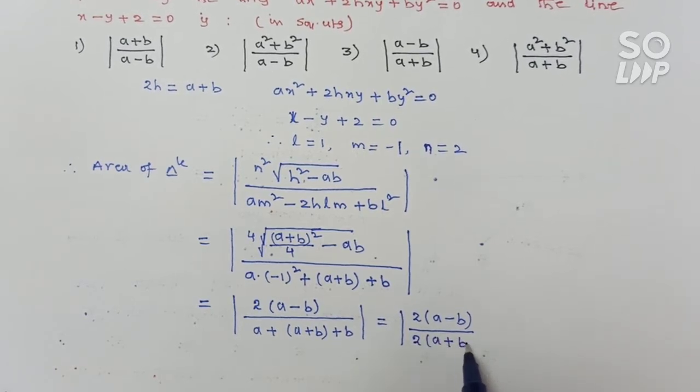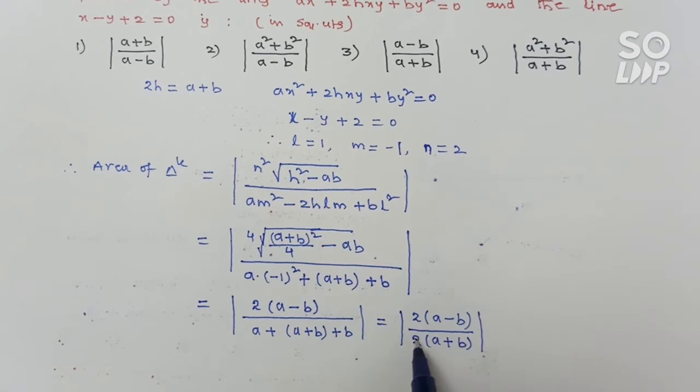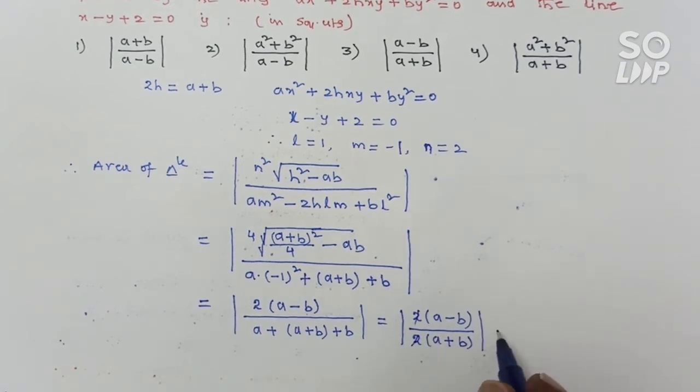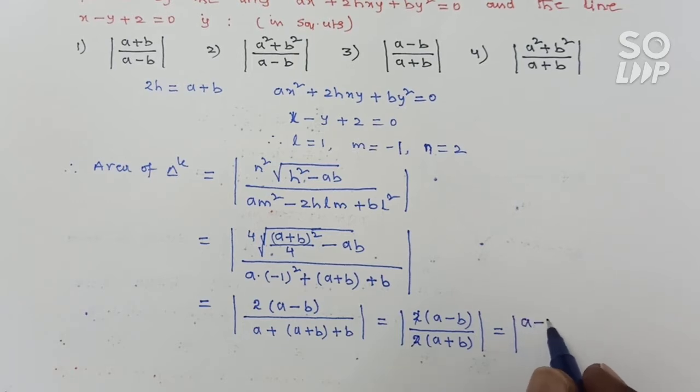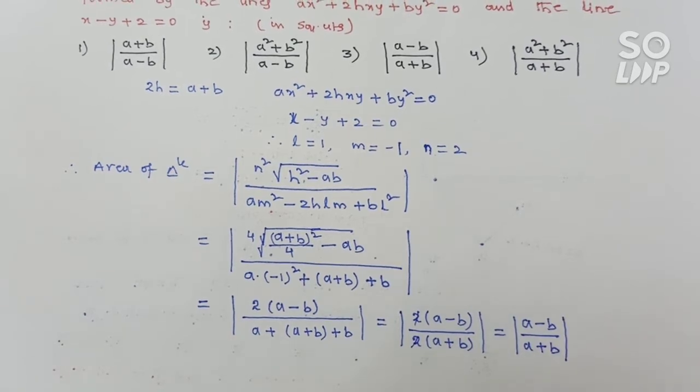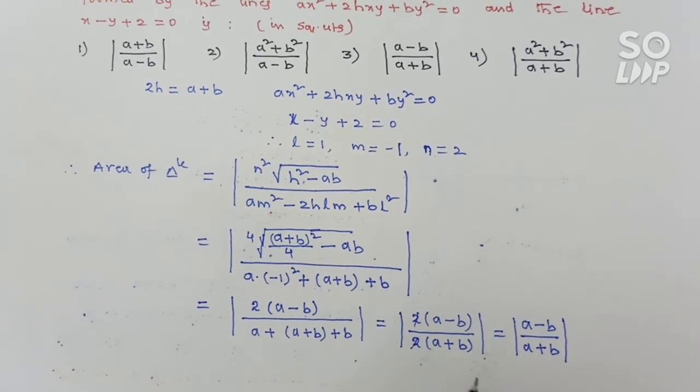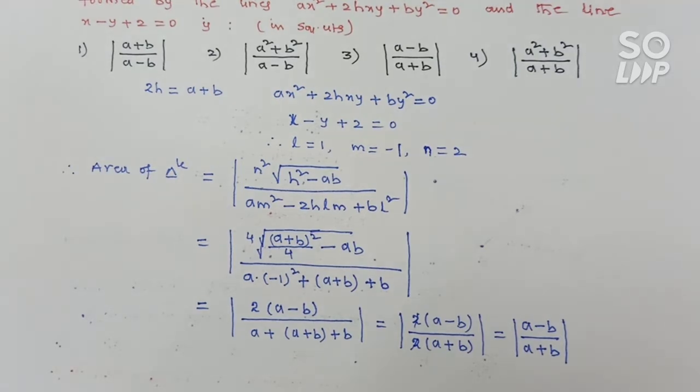Here the 2 and 2 will be cancelled. So the resultant value will be modulus of a minus b, whole divided by a plus b. This is the final solution. So the third option is the correct answer, right? So we will see the next question.